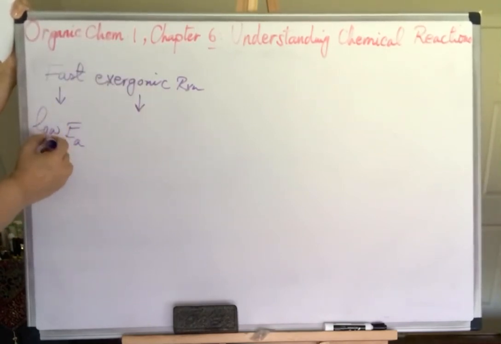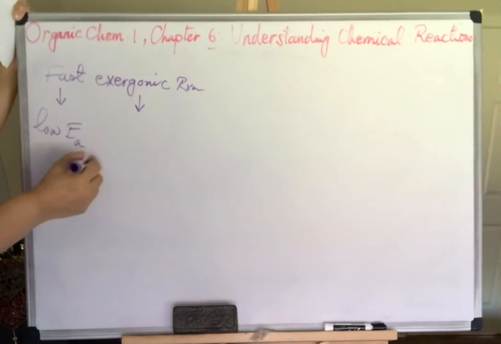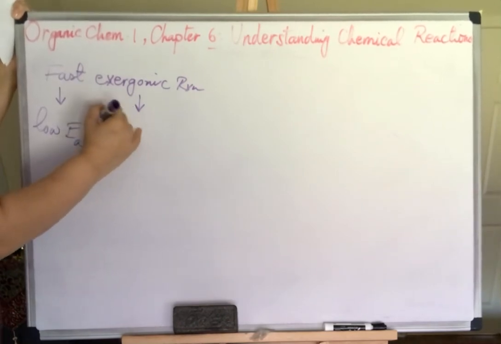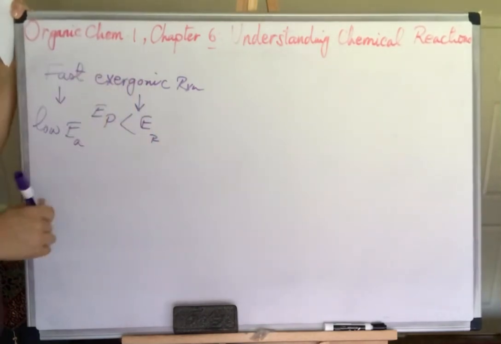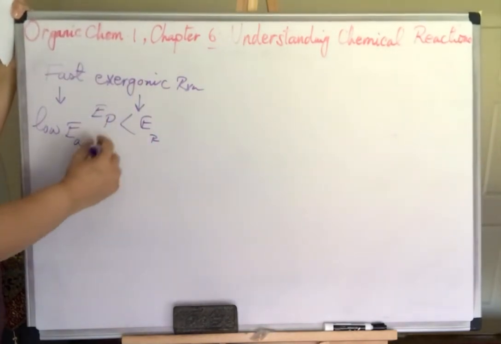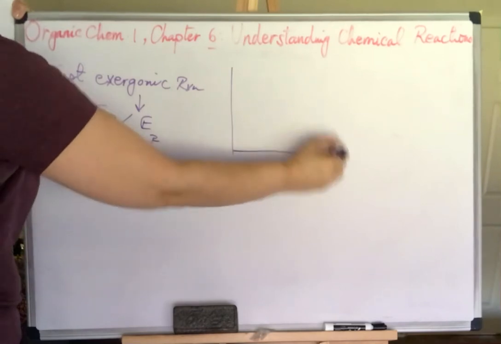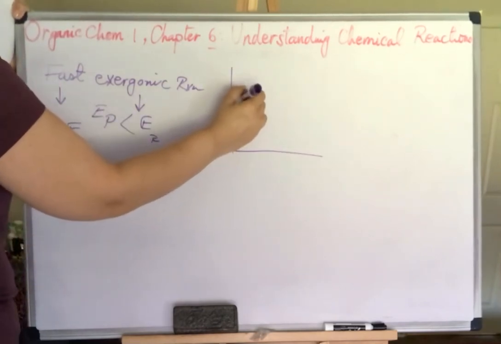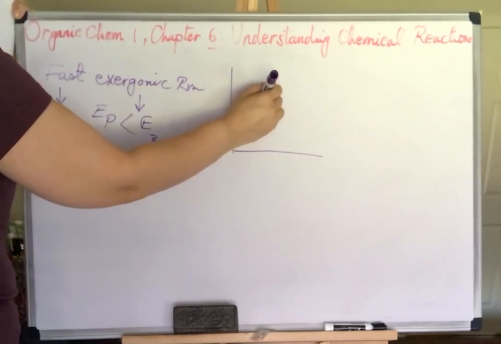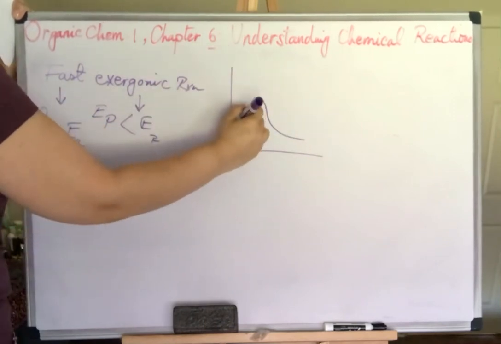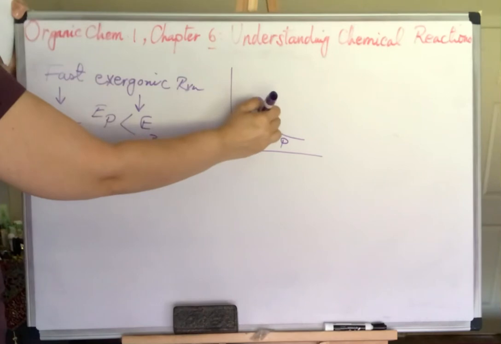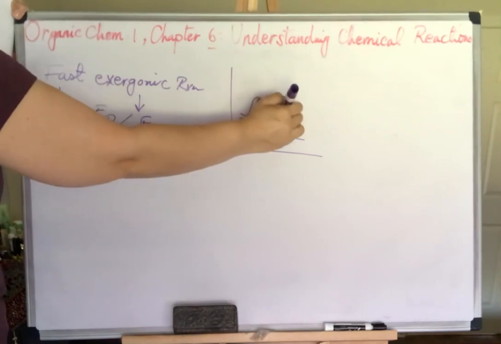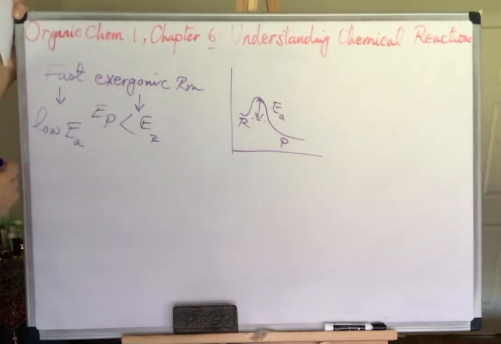Exergonic means the energy of products is less than energy of reactants. It should happen spontaneously. So if you want to draw this energy diagram, first reactants, products, this is exergonic, and the activation energy shouldn't be too high.